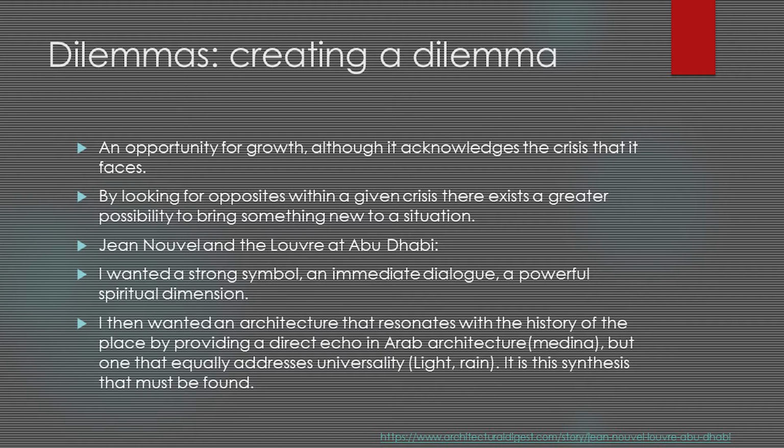So before he even started, he immediately created two opposites. He said, well, there's something local, but local is not the thing that's going to draw people here. I need to get something international, a symbol that would make people feel there's something for me here as well. And then initially, he didn't know exactly that it would be a Louvre museum.